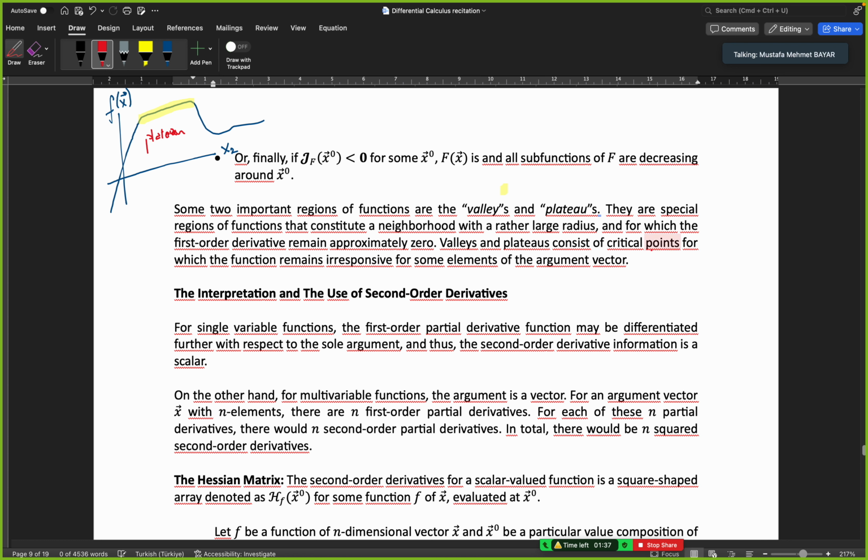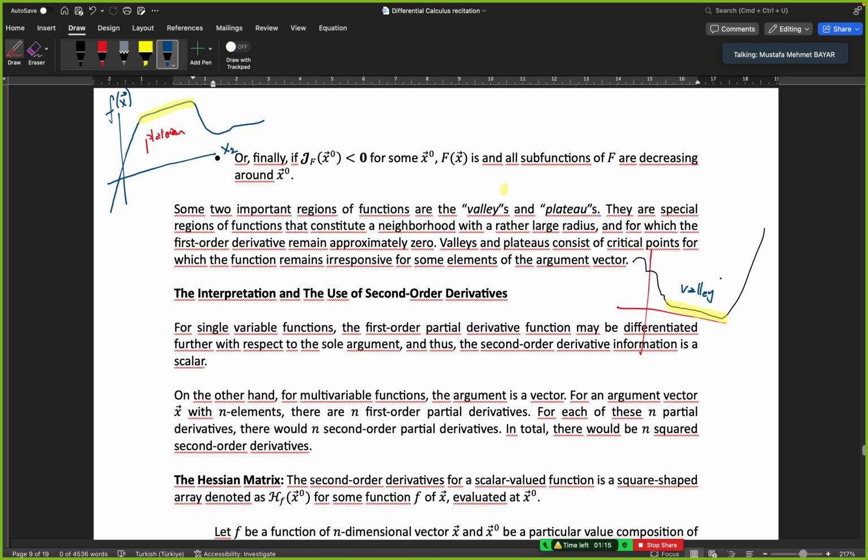One other option you can observe is something like this. It is decreasing and then it becomes constant for a while, then it starts increasing again. And this region is a valley.